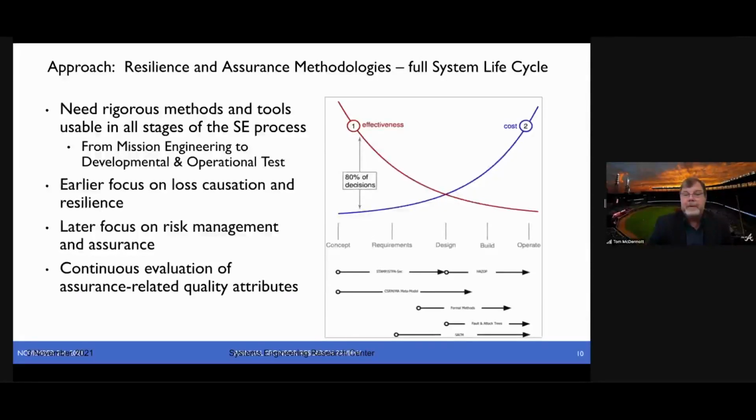And so what we're going to show you is a process that primarily runs up at the front end, all the way from concept development down through the initial design of a system that's effective at making resilience decisions into the design. Next slide, please.